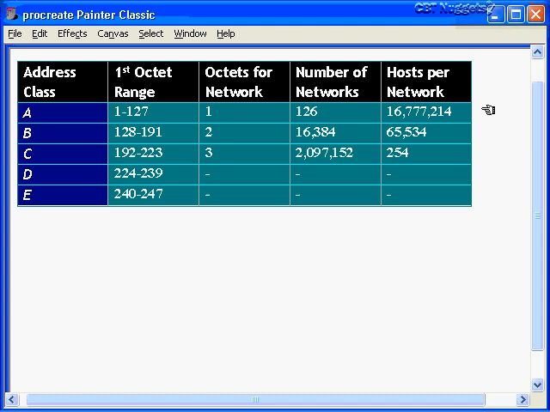So to help this process along, they broke up this string of 32 bits into what are called address classes. Within that IP address space of those 4 octets, you've got 5 classes: Class A, Class B, Class C, Class D, and Class E. Everything really falls upon that first octet range.